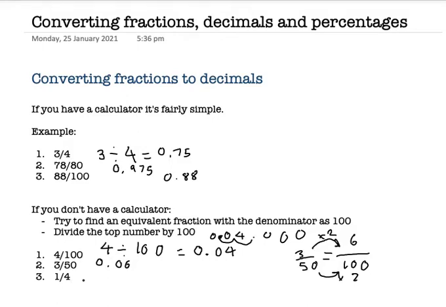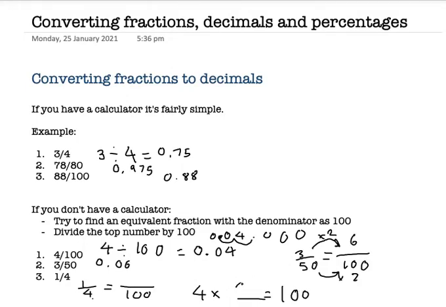Repeat the step for here. So I start off at 1 over 4. I want to end up at something over 100. So I think, how do I get from 4 to 100? 4 times something equals 100.